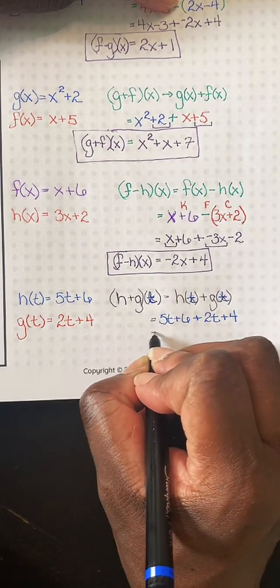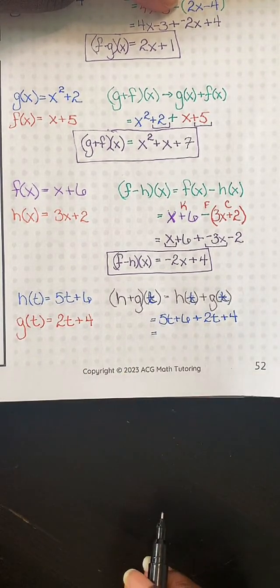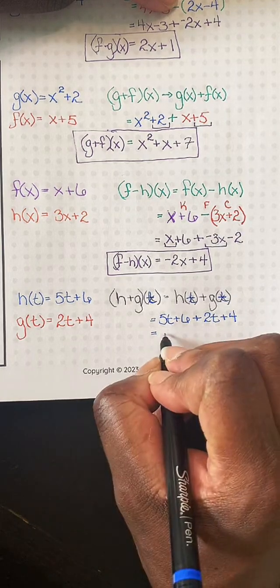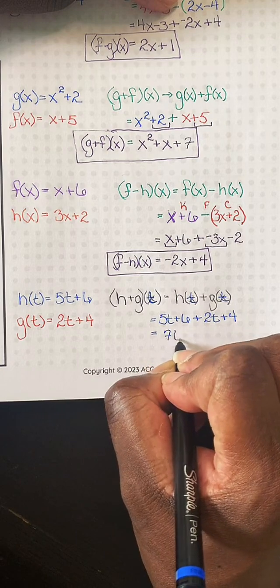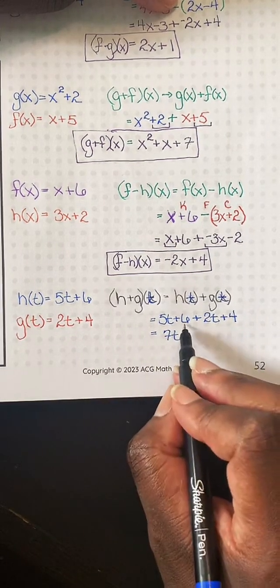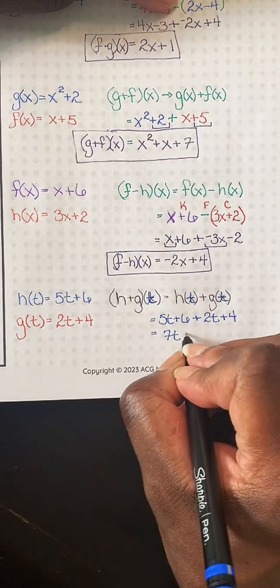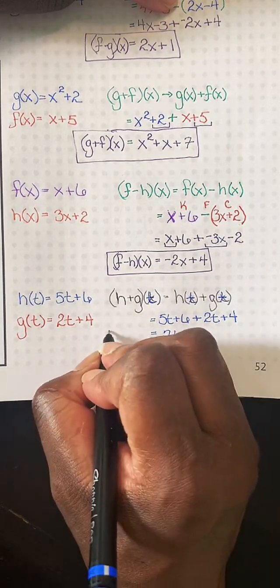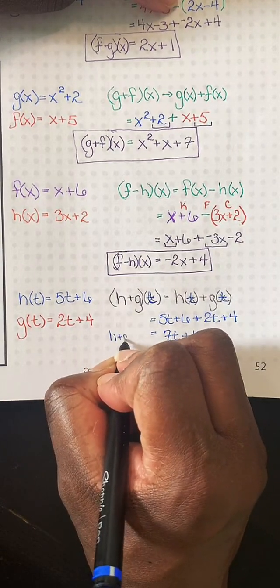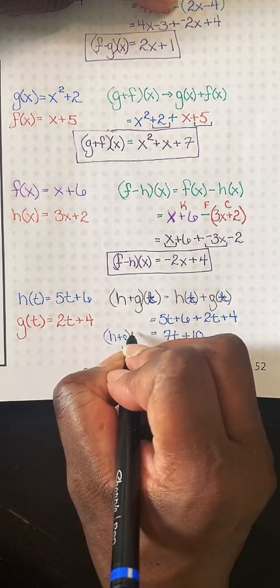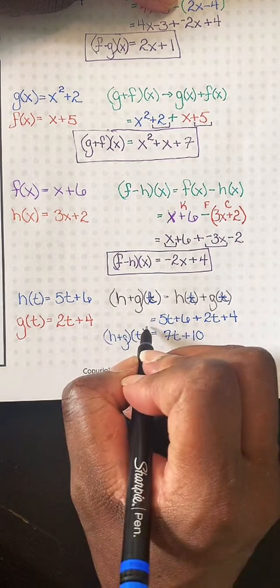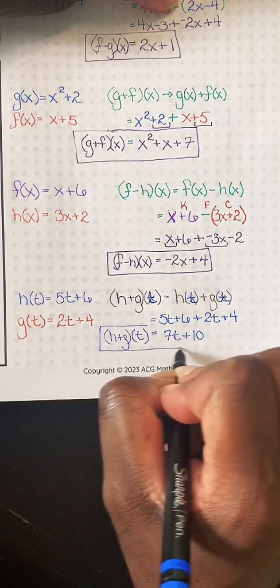So now all we have to do is combine our like terms. We get the t's together, that will give me 7t. And then get the 6 and the 4 together, because this is all addition, plus 10. So your h plus g of t, not x, Audrey, t, and that will be your answer.